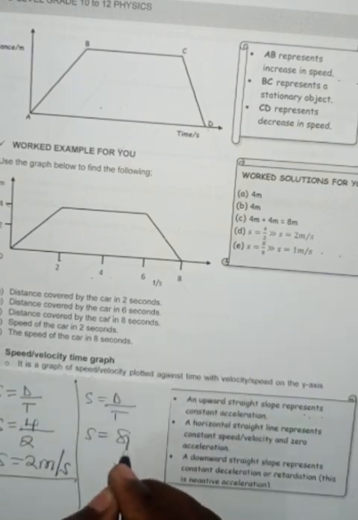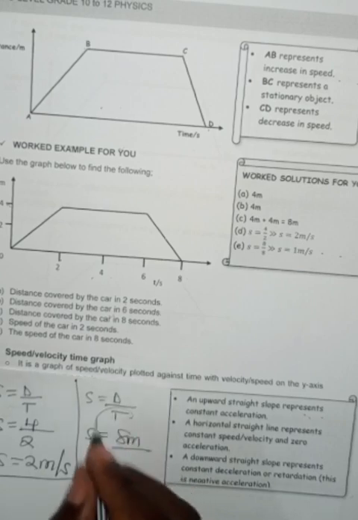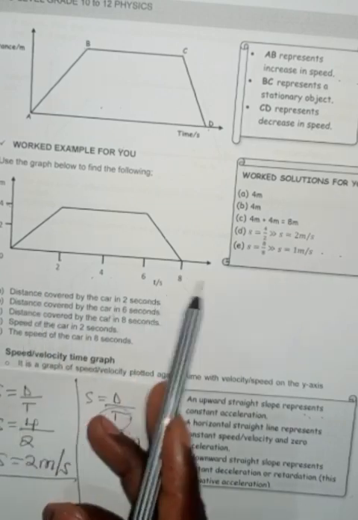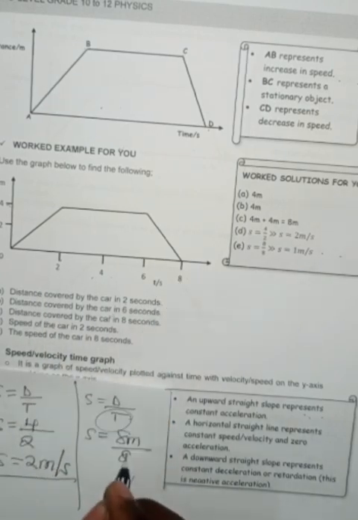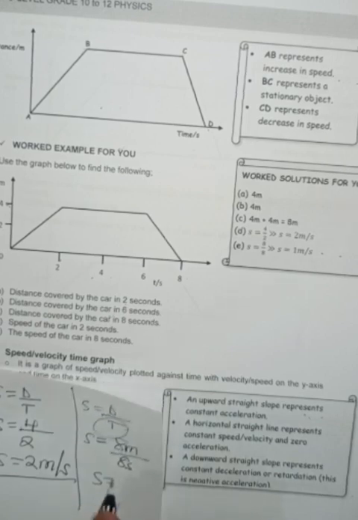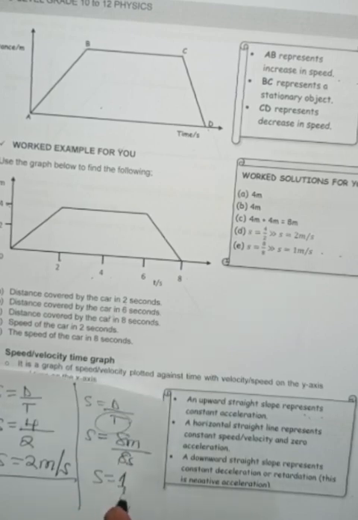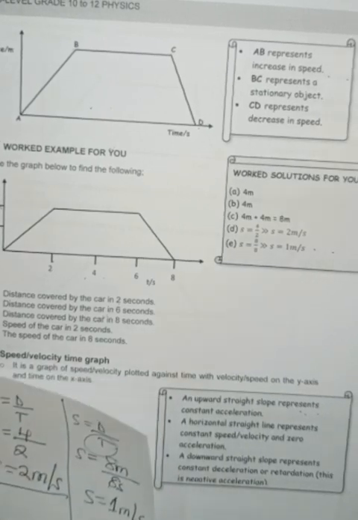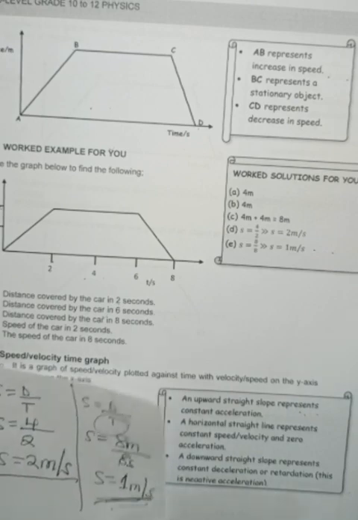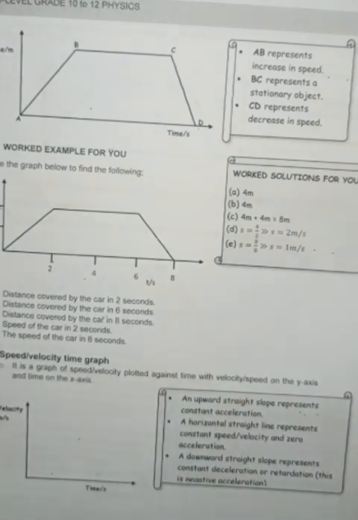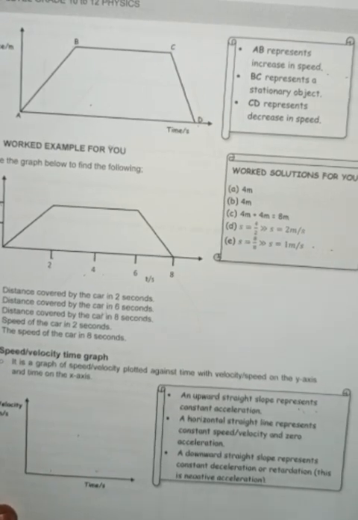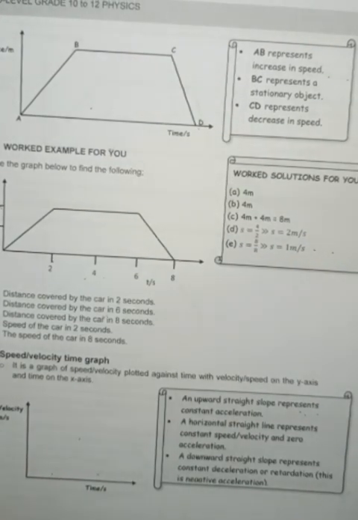So we have 8 meters over the time taken, which is 8 seconds. Speed is going to be 1 meter per second. This is the speed that we have. This is how you calculate questions of this nature.